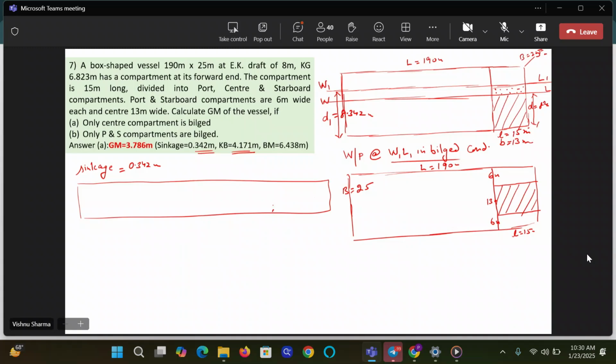Please write the statement, practice it. Otherwise, you will struggle in the exams with what to write. Is the KB part okay, beta? Yes, sir. Now, mark the center of flotation wherever you think approximately it would be, and then draw a fore and aft line and let me know if it is the center line again or is it not the center line.